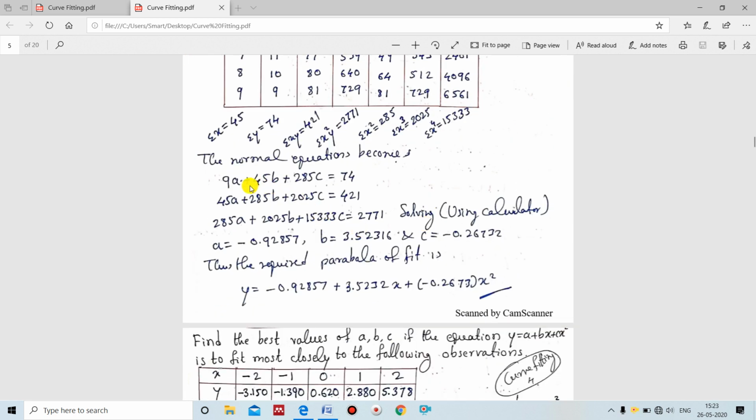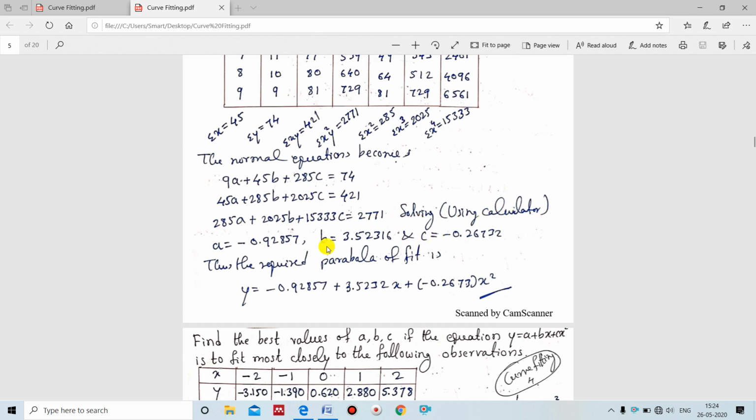We get 9a plus 45b plus 285c equal to 74, 45a plus 285b plus 2025 into c equal to 421, 285a plus 2025 into b plus 15333 into c equal to 2771.